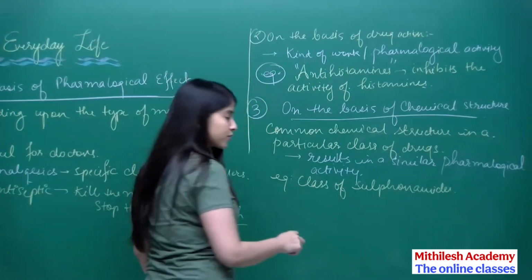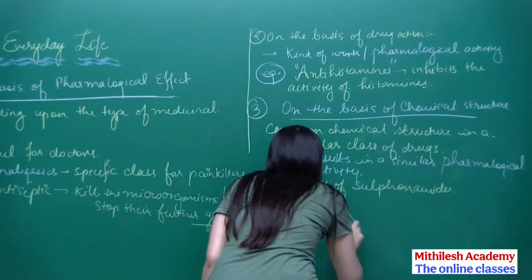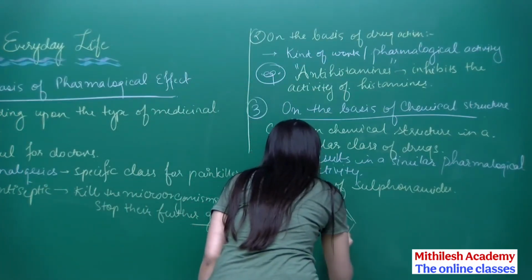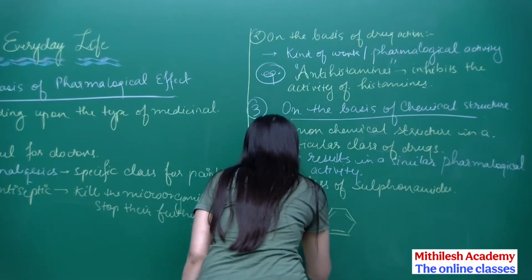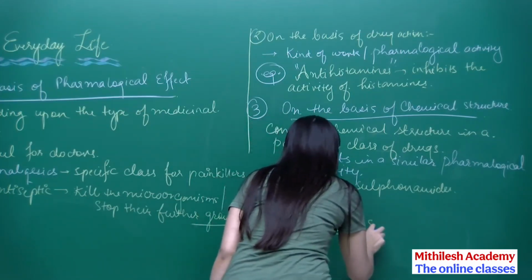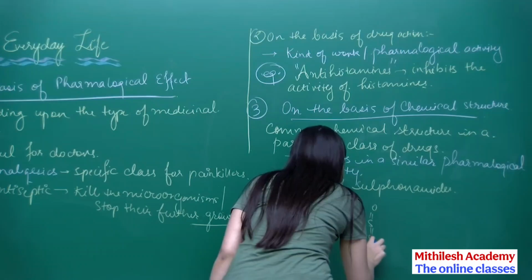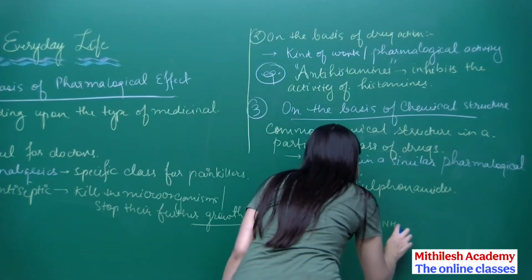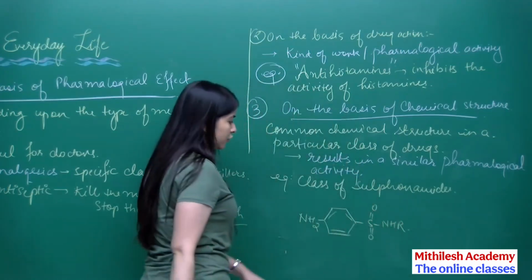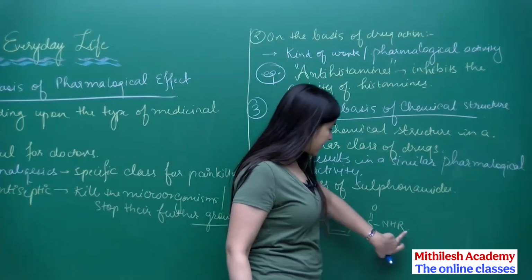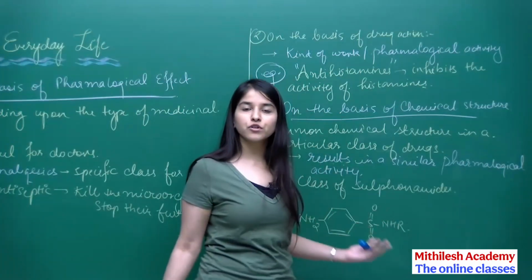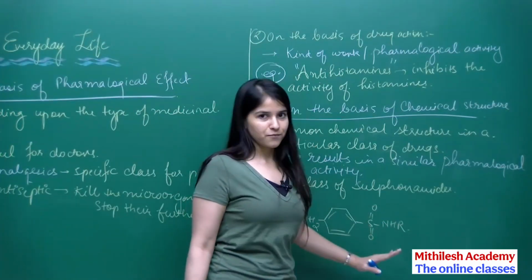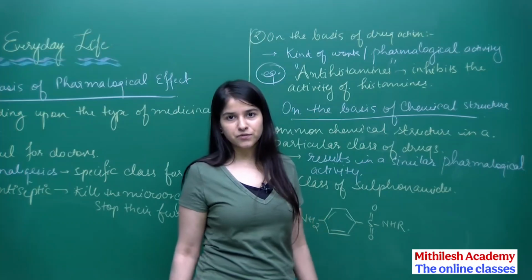Just pay attention over here. It is something like this. Sulfonamides appear like this. So that is the class of sulfonamides, and R can be any of the groups depending upon the type of drug. I hope I am justifying the topics very well.